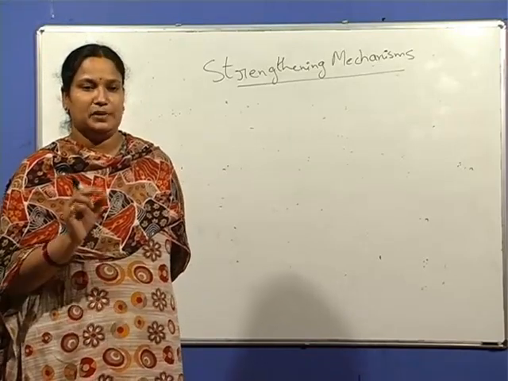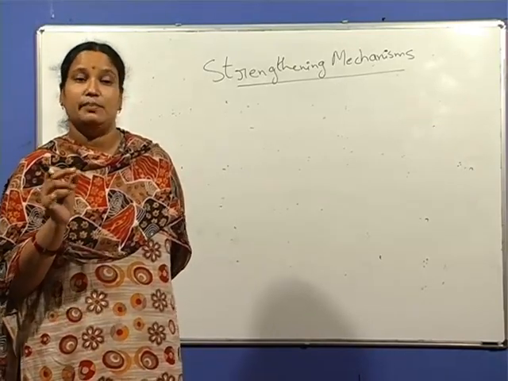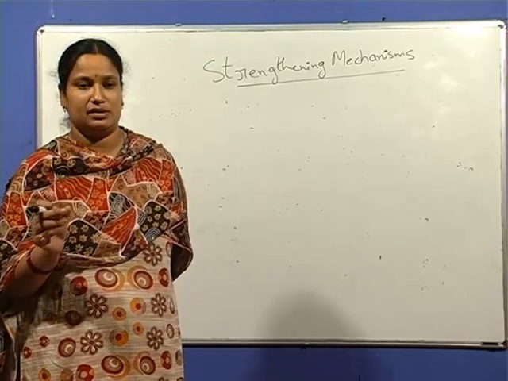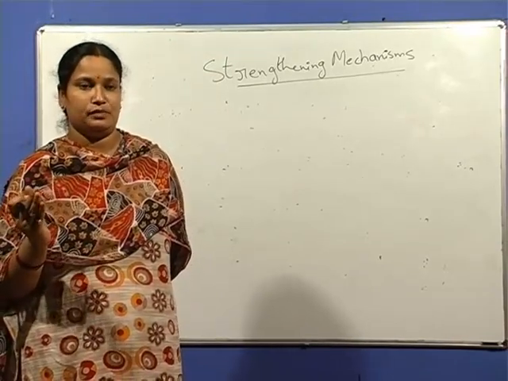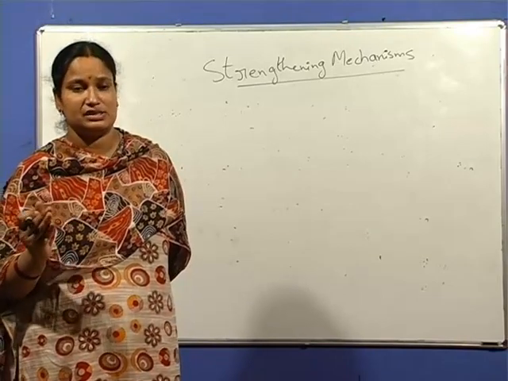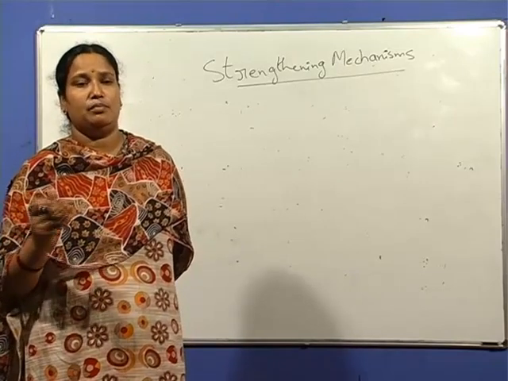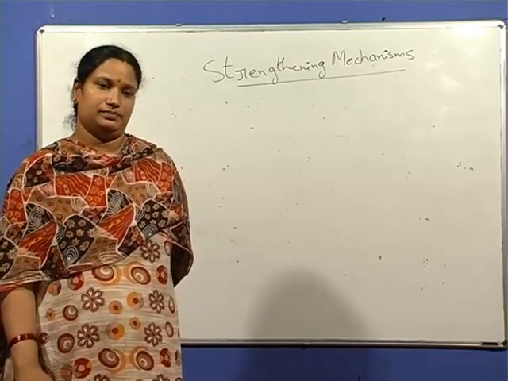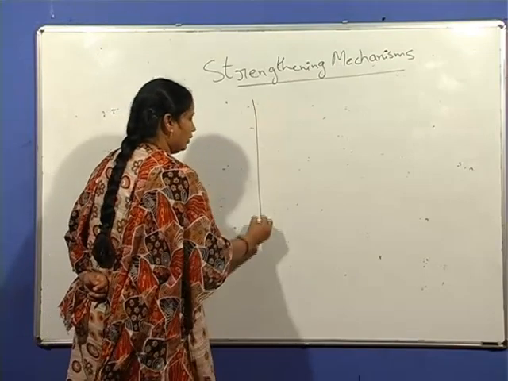And moreover, the precipitates that are formed in the precipitation hardening must be coherent with the matrix. Then only it creates more strains, thereby more hindrance to the dislocation motion, thereby a stronger alloy. So the sloping solvus is the main requirement.